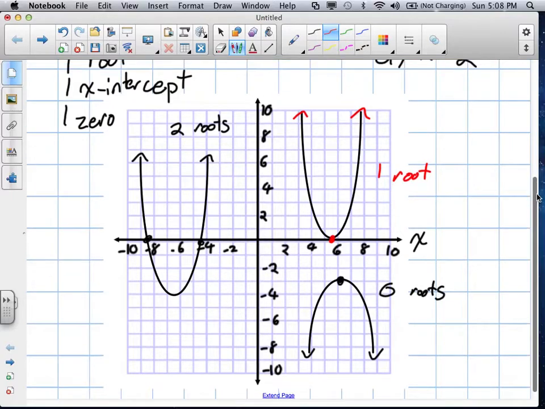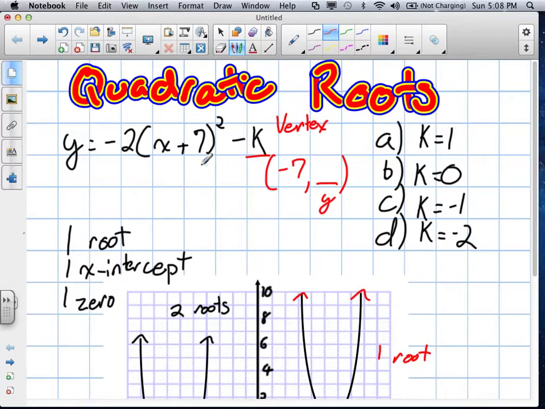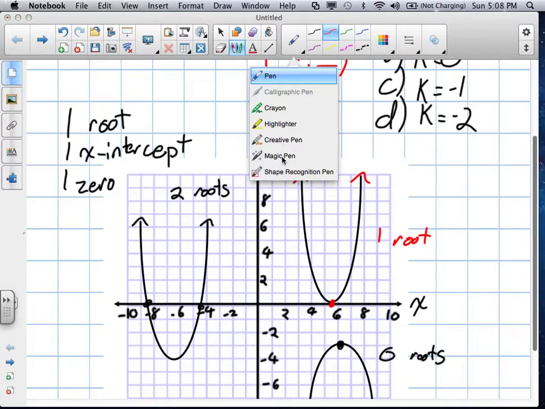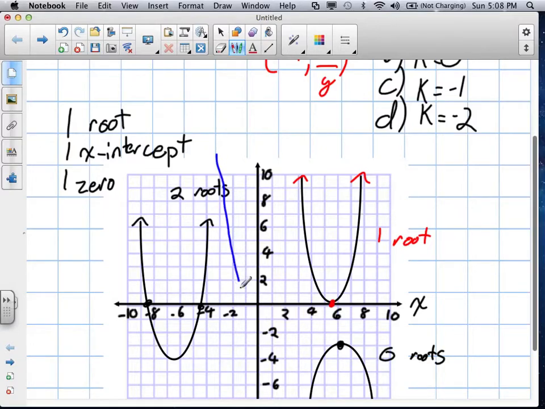Okay, so let's jump back up to our equation. Now we can transform a parabola really quickly. In order to have this, the original parabola, how far up and down will it need to have moved to have it directly on the x-axis? Right, so the original one goes like this, and it crosses perfectly there. The original one has how many roots? 2.